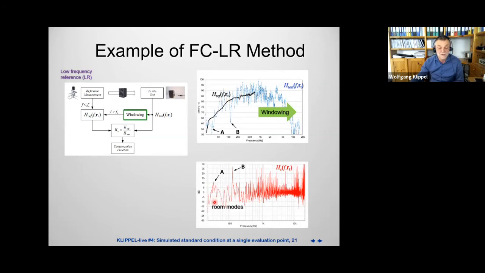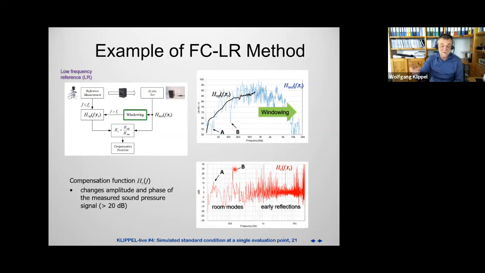And here you see the result, that is the room correction function, which is quite complex, not only in amplitude and phase, but also in complexity. Here we have peaks up to 20 dB, actually over the whole frequency range. Here are room modes, and here are early reflections. And this is only true at one measurement point.